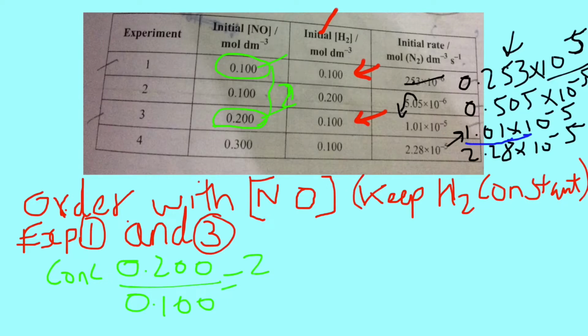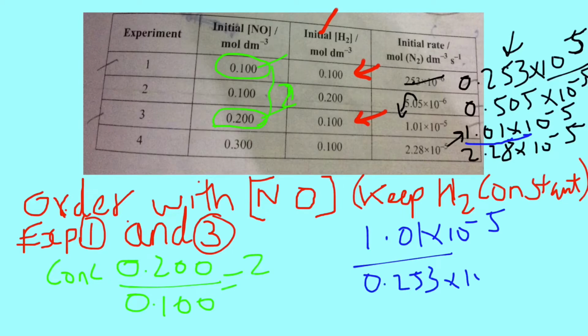The 10⁻⁵ cancels out. So let's solve in the calculator. We will get the answer as 4.